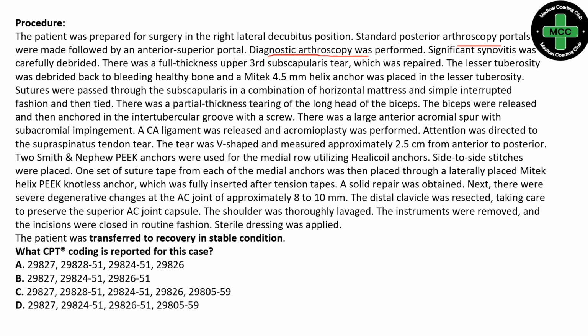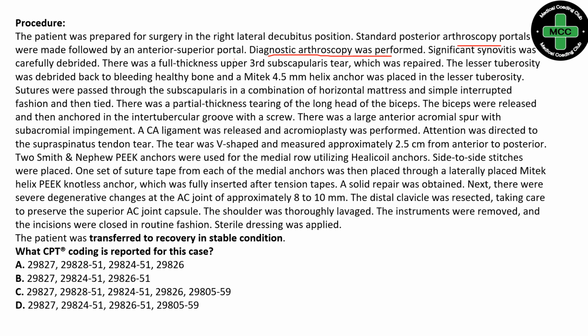Please remember, diagnostic arthroscopy is done just to visualize, while surgical arthroscopy uses the arthroscope to also perform the procedure. When you see both diagnostic and surgical arthroscopy in the same question, you are supposed to code only the surgical arthroscopy, because diagnostic is an integral part of the surgical procedure.